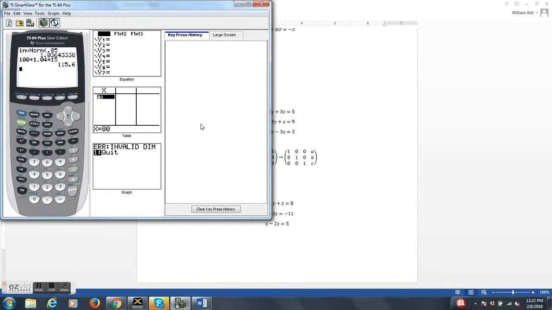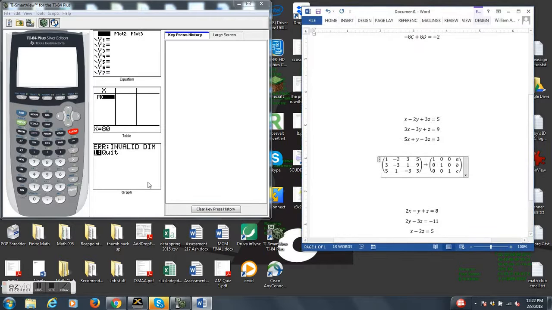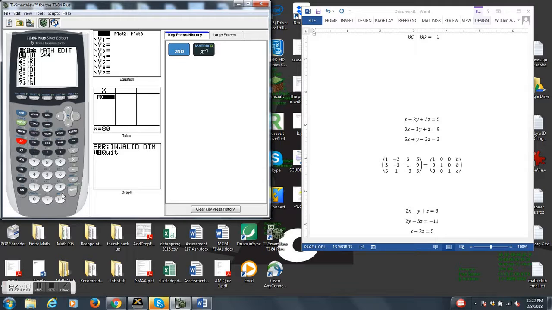So let me pull this thing up. I want to put this thing into a matrix. So you see I have matrix right here. Second, matrix. I already have something in there, but don't mind me doing this.